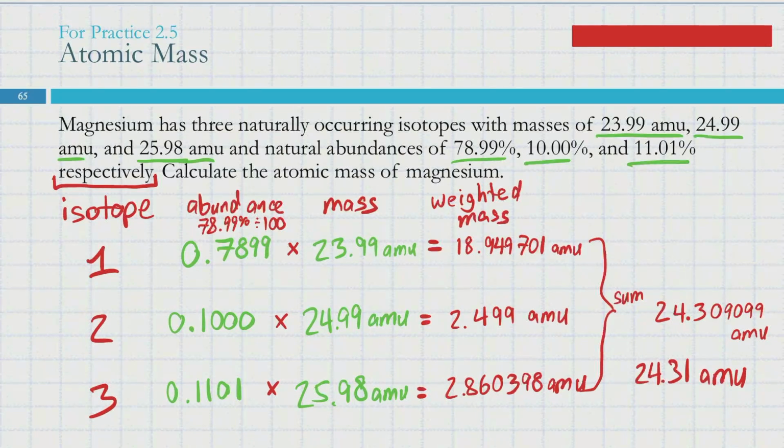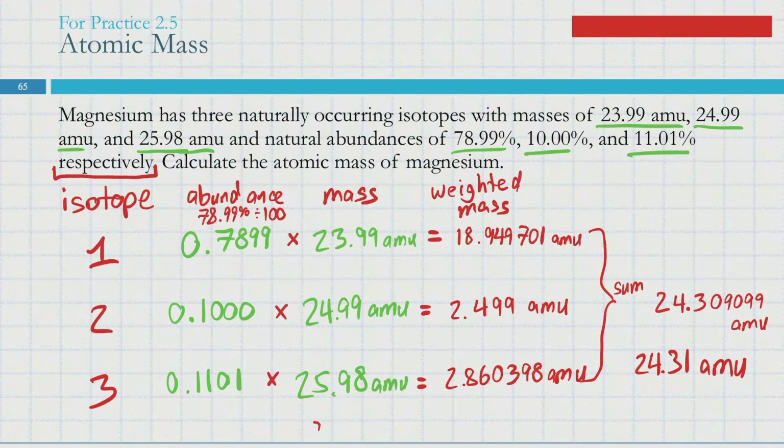If we got 23.4, that would be less than our smallest value. That cannot be correct. If we got a number that was like 26.5, that would also be a dead giveaway that we did something wrong and it's not correct. So our answer will always be between our smallest and biggest value.